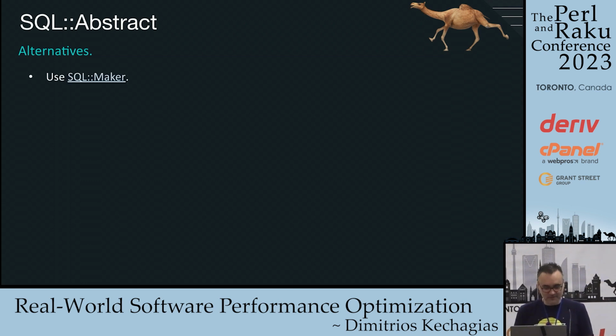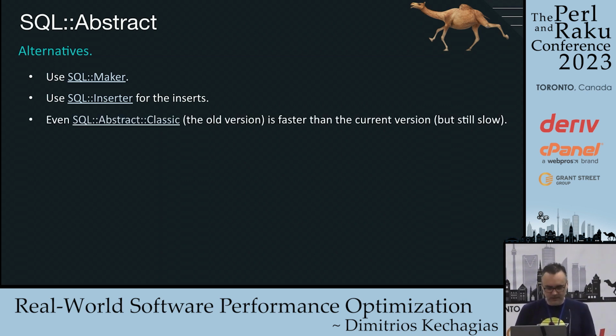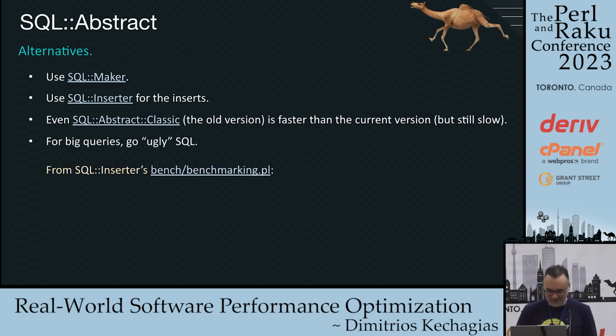So alternatives to SQL::Abstract, use SQL::Maker. It's faster. We use our own alternative in Spareroom. I recently released SQL::Inserter for the inserts, which is based on our code. Even SQL::Abstract::Classic, which is fixed to an old version of SQL::Abstract, is faster than the current one, but it's still slow.